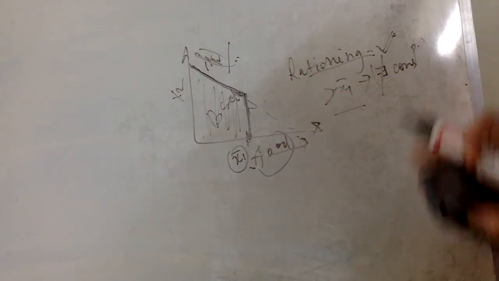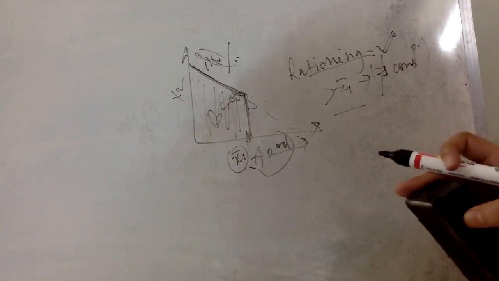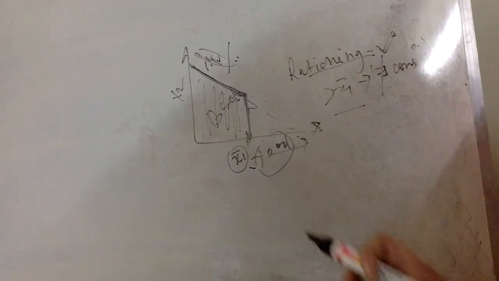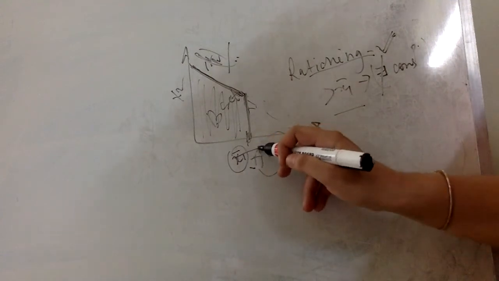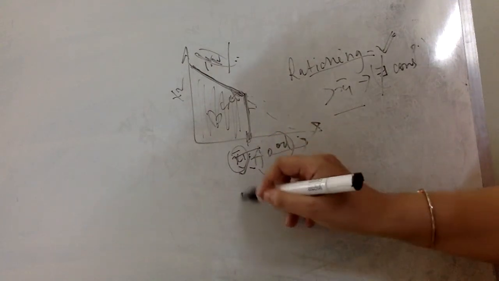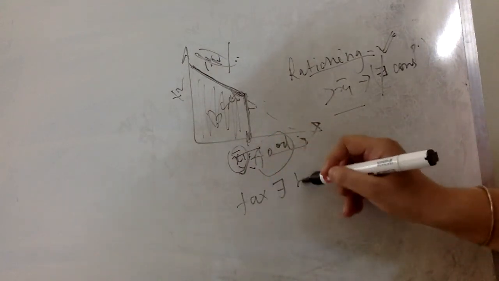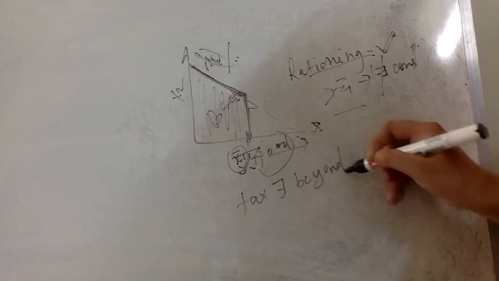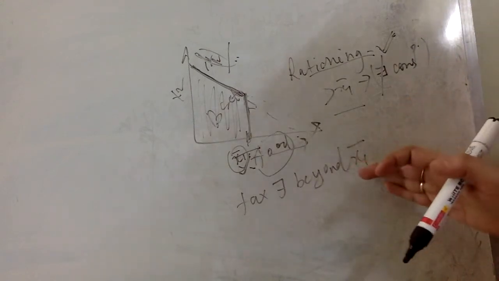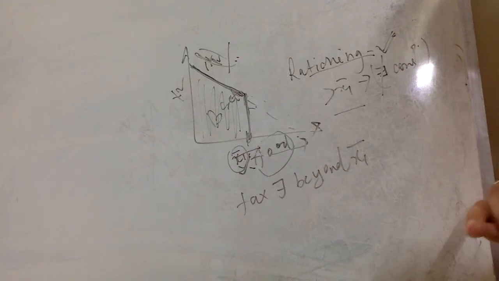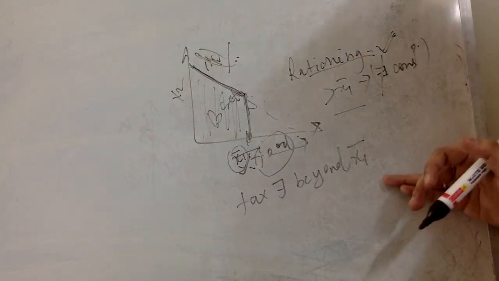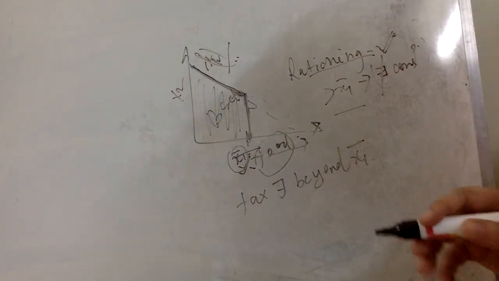Now suppose I change the case, and say that beyond some x1 bar there is a tax on consumption. So the price of x1 will rise. Let's understand how my budget line changes.